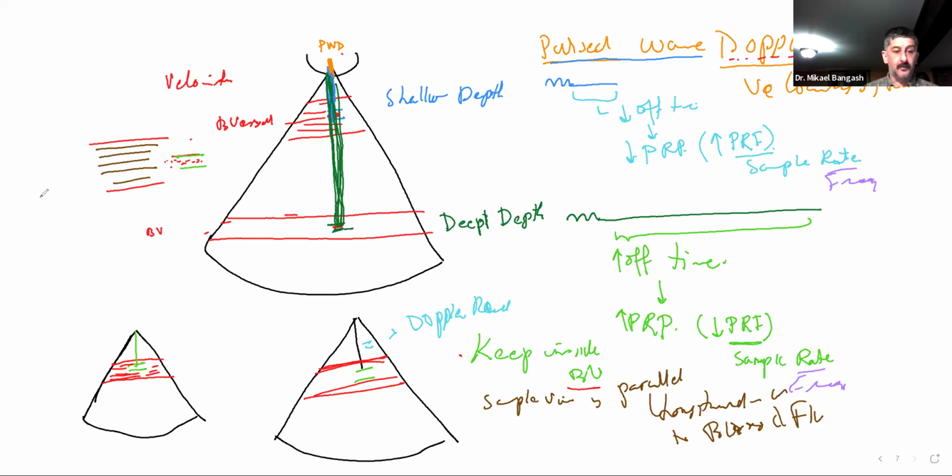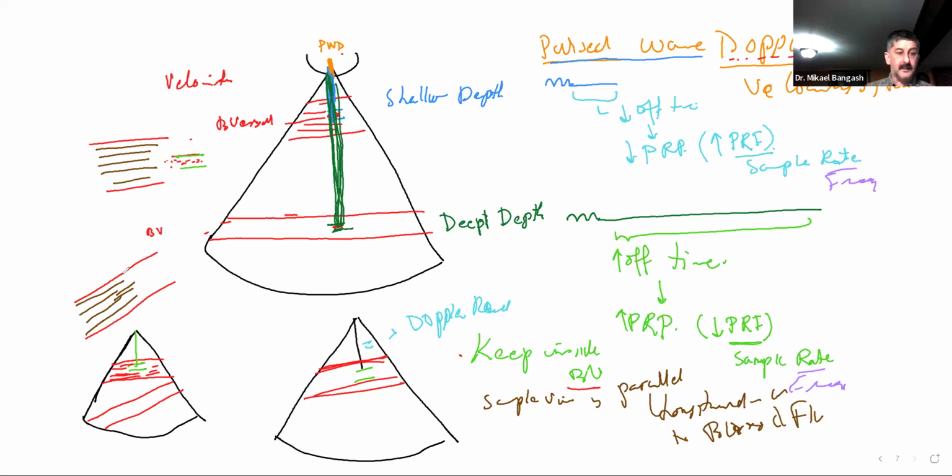Now, some of you will ask, what if the blood vessel runs across the image like this? Say this is your blood vessel, and this is the way in which the blood runs.